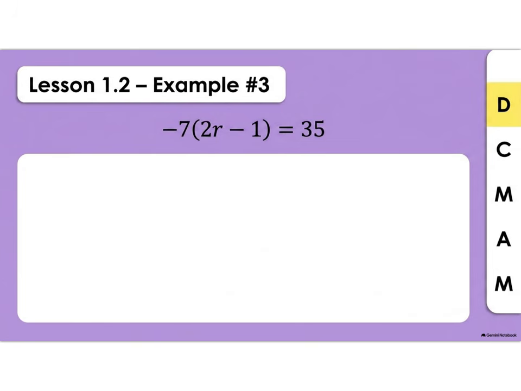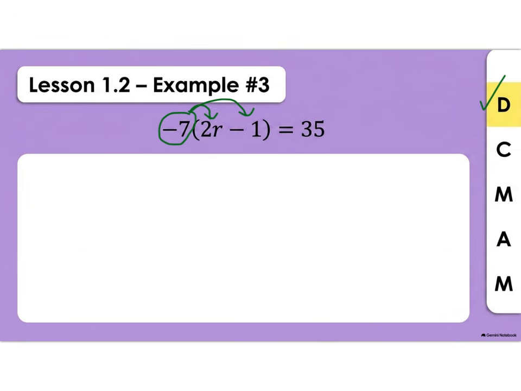Okay, example 3 here. We see that this is our first instance of parentheses, so we will have to do the first step of distributing. Make sure that when I distribute this number and its sign, I distribute it to the first term, the second term, every term inside the parentheses.